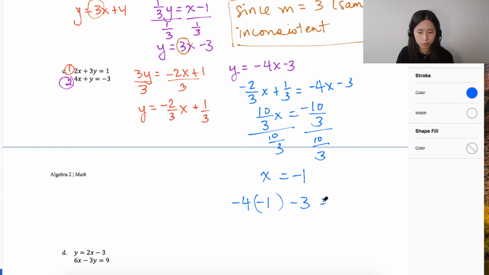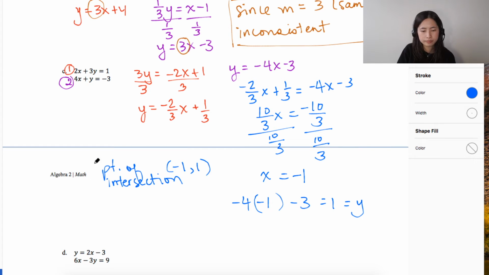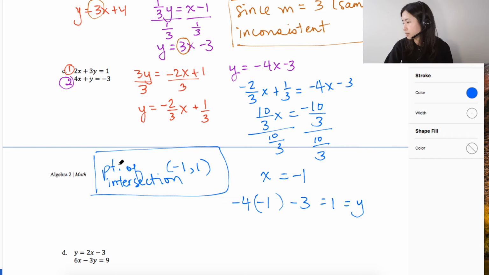So negative 4 times negative 1 is positive 4. 4 minus 3 is 1. Therefore, your y is equal to 1. So the point of intersection is actually negative 1 comma 1. Okay, that's it for part C.